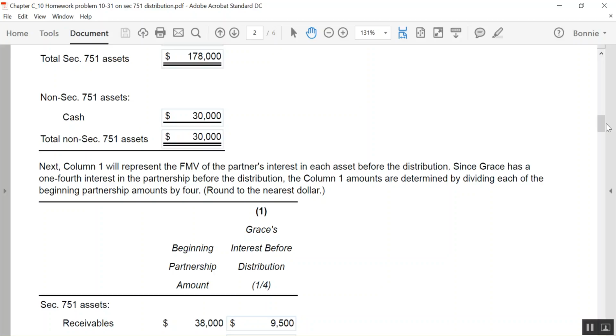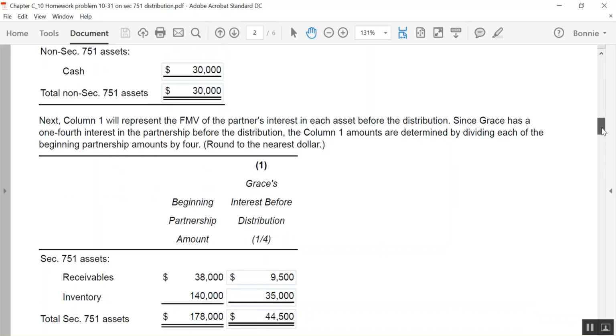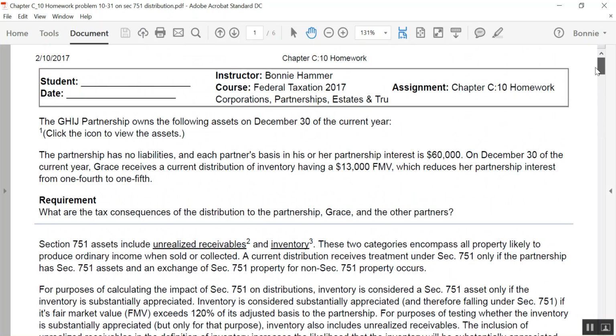So next, column 1 is going to represent the fair market value of the partner's interest in each of these assets before the distribution. And Grace, we are told in the facts up above that the partnership has no liabilities and each partner's basis in his or her partnership interest is $60,000.